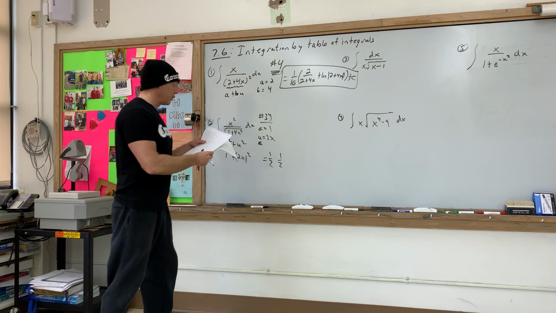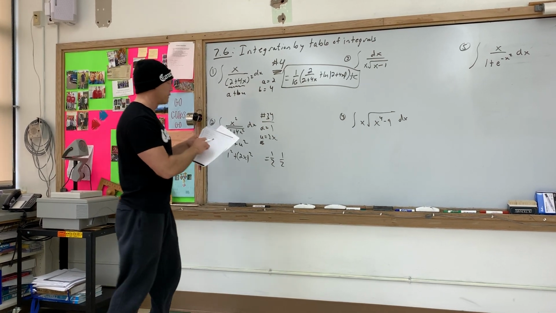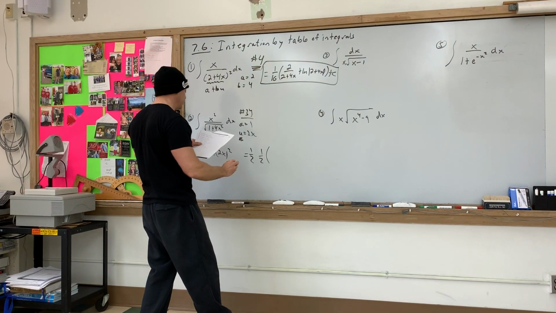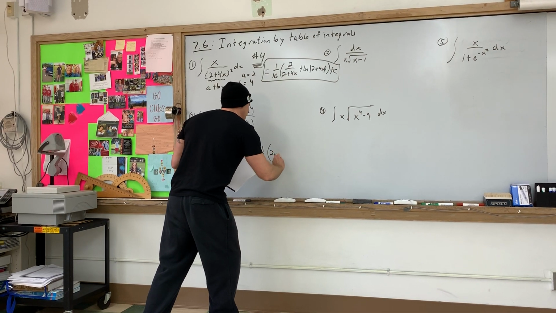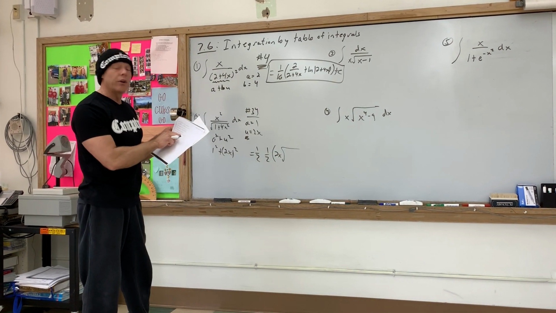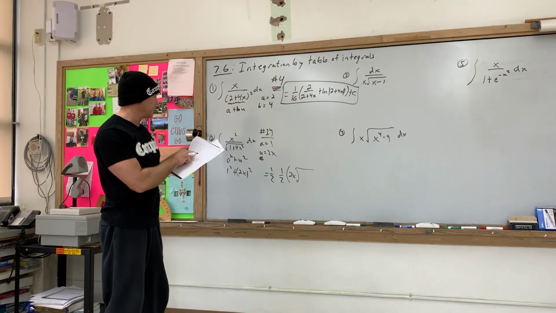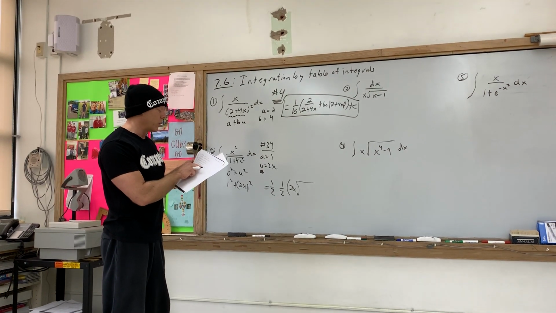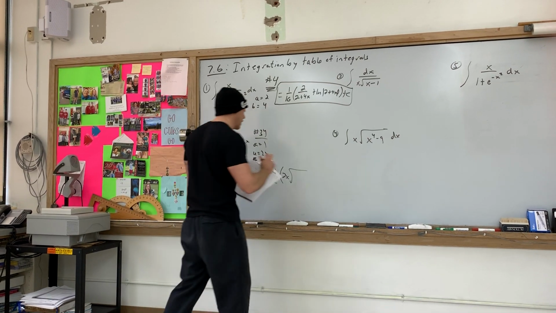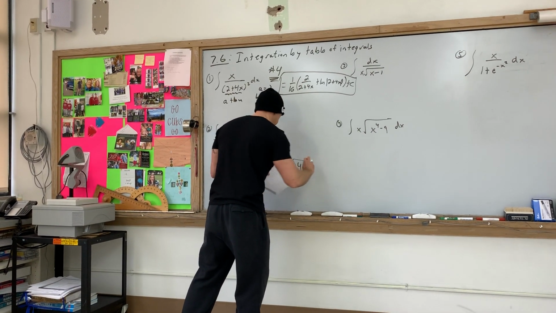Well, if you look at number 34, it's 1/2, then it's the parenthesis, then it's u, which in this case is 2x, then it's the square root of u squared plus or minus a squared. So in this case, since it's a plus in there, it's u squared plus a squared, which is going to give me 4x squared plus 1.